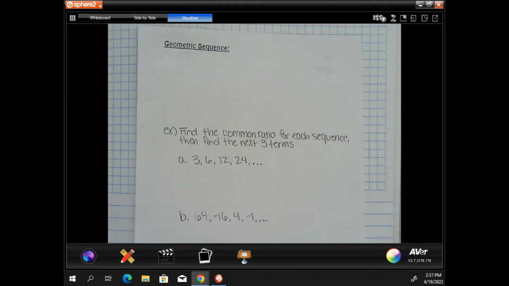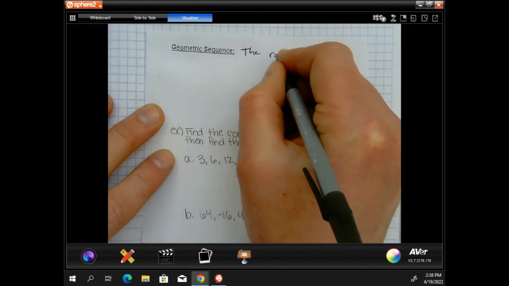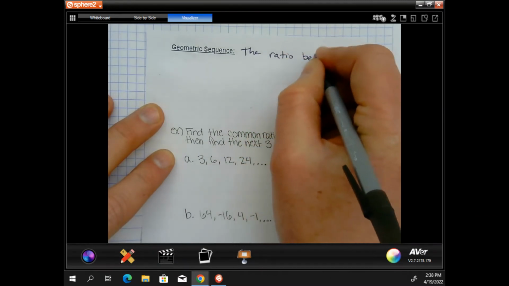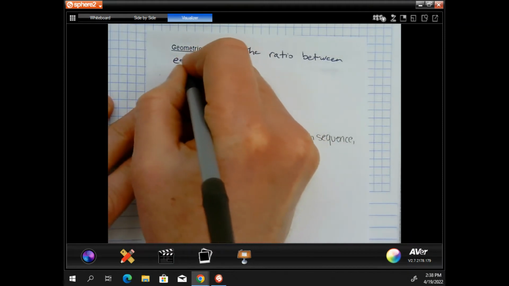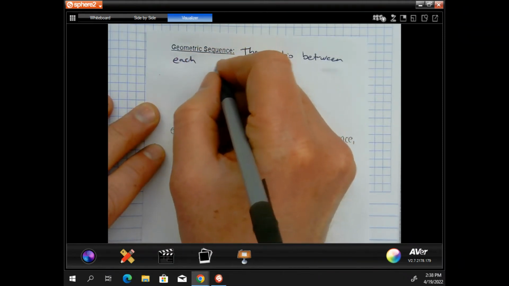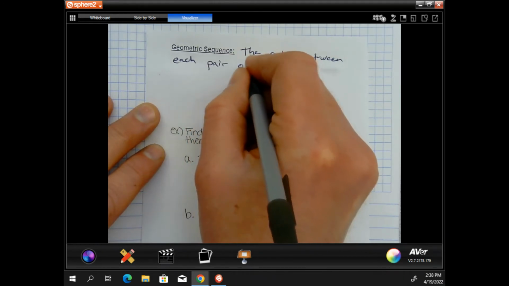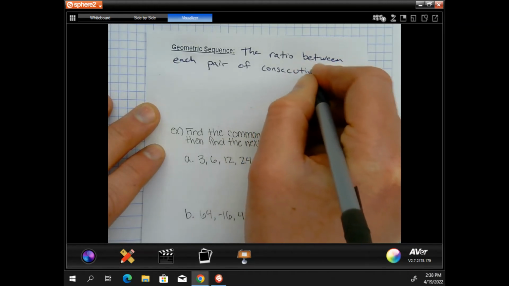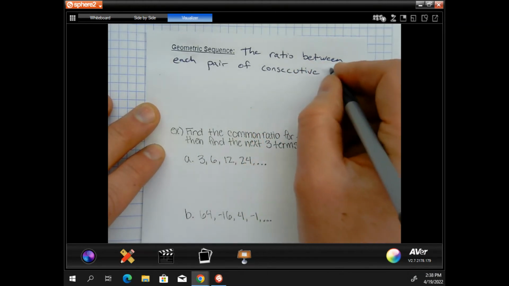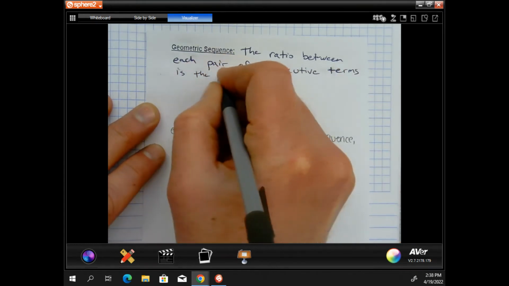So page 2 of our notes, geometric sequence. That is the ratio between each pair of consecutive terms is the same.